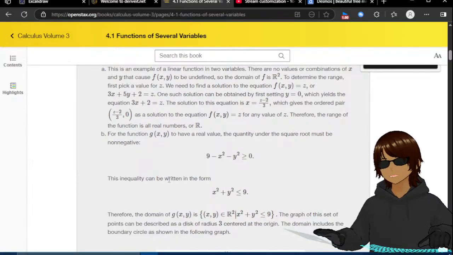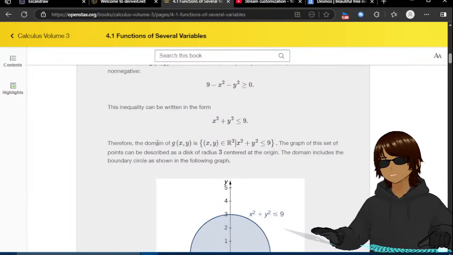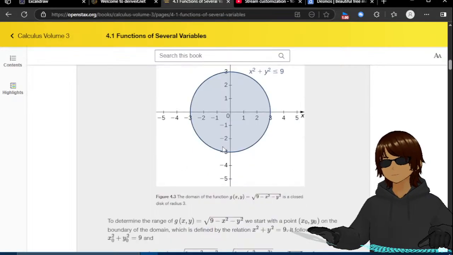This inequality can be written in this form. Therefore, the domain of g is x, y, all real numbers such that this is satisfied: x squared plus y squared is less than or equal to 9. The graph of this set of points can be described as a disk of radius 3 centered at the origin. The domain includes the boundary circle as shown.